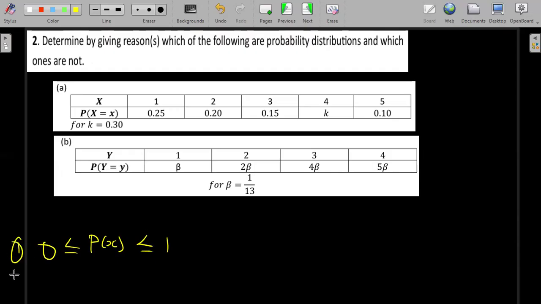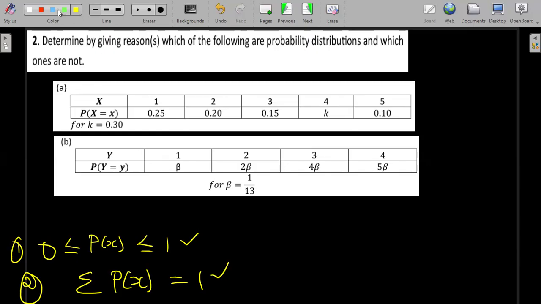This is the first condition. The second condition is that the summation of all the probabilities P of x should equal 1. If these satisfy these conditions, we're going to say they are probability distributions. If they are not, we are going to say they are not.